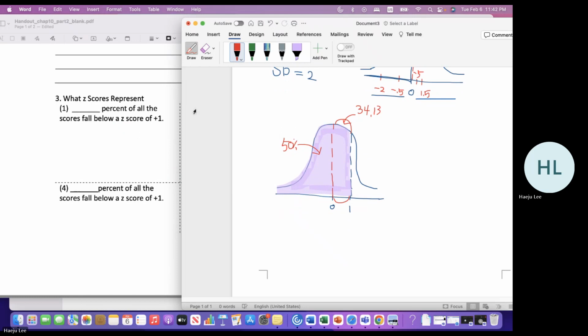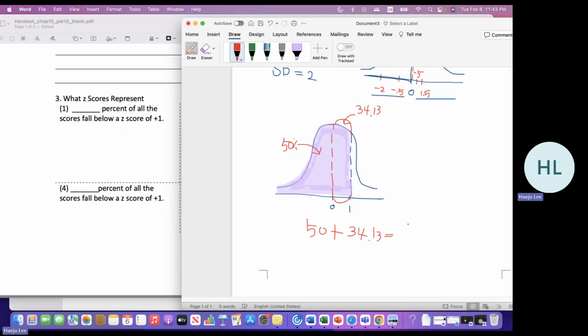But we have to compute the percentage of all this area, right? So that means we need to sum up the 50% and this area, which is 34.13.